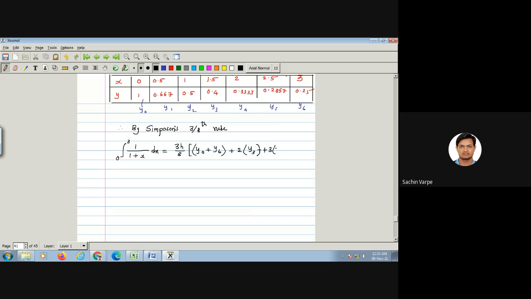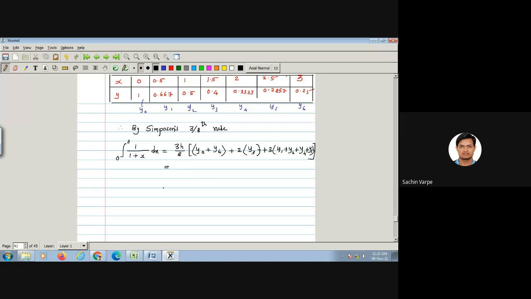What are the remaining ordinates? y1 plus y2 plus y4 plus y5. Similar thing. Just calculate it by substituting these ordinate values.